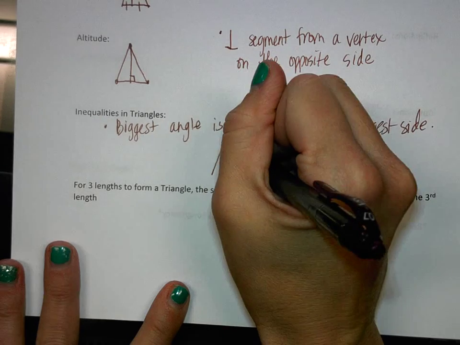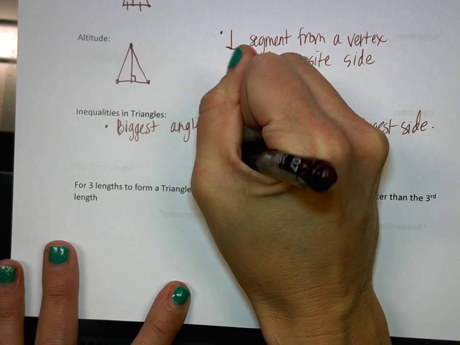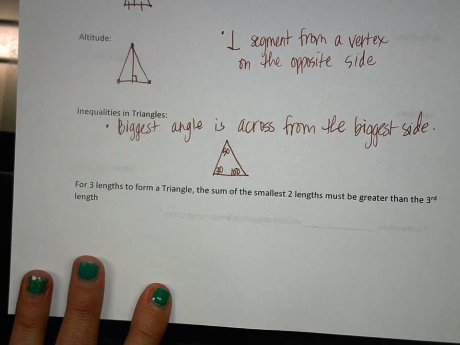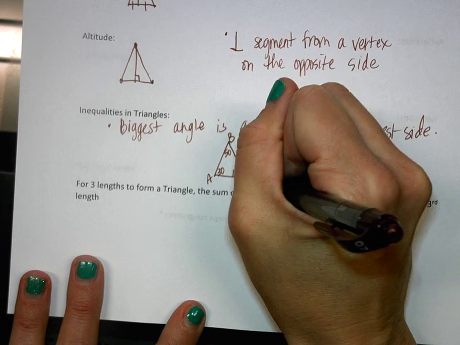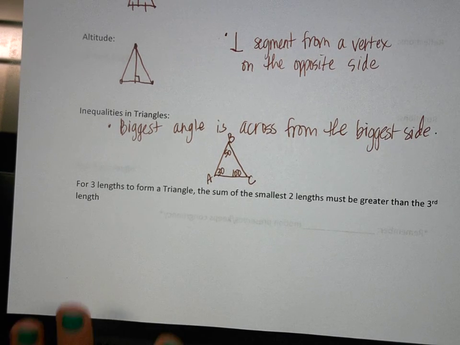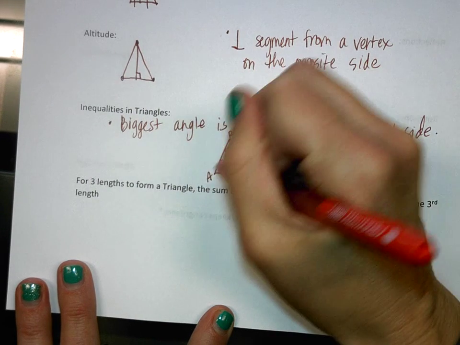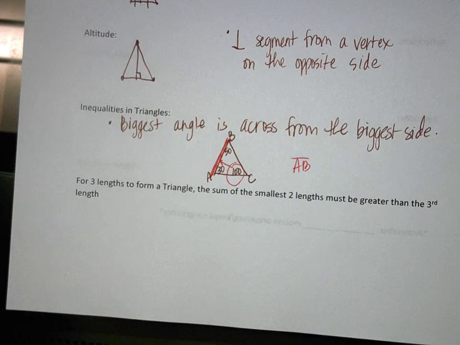So if we had a triangle here, and I'm just going to label it as 30, 50, and 100, and let's label this as A, B, C. Which side is the biggest? Very good. So this right here is our biggest angle, and across from that angle is the largest side, and that largest side would be AB. So my biggest side is AB.